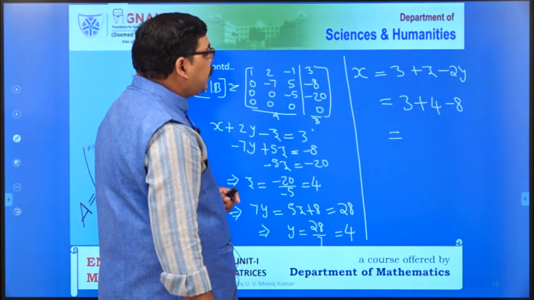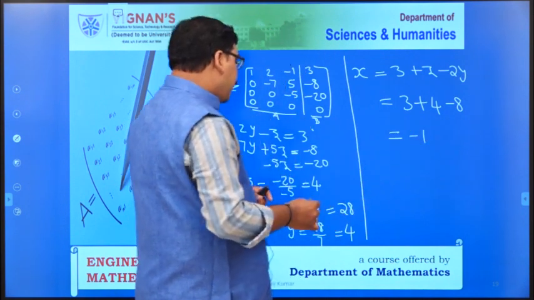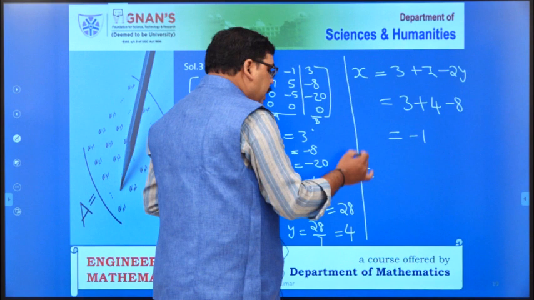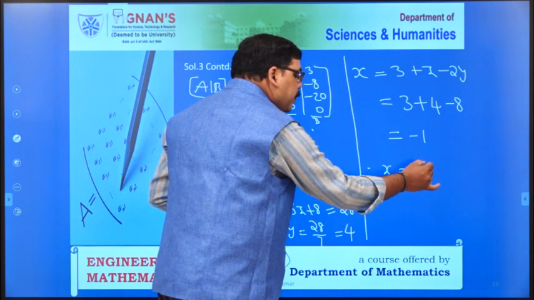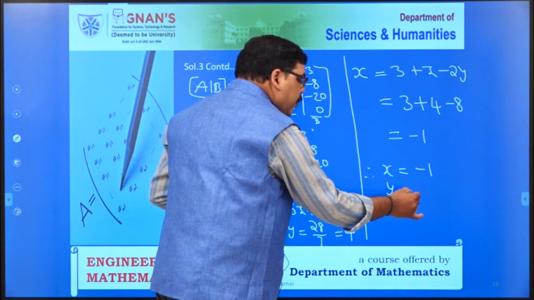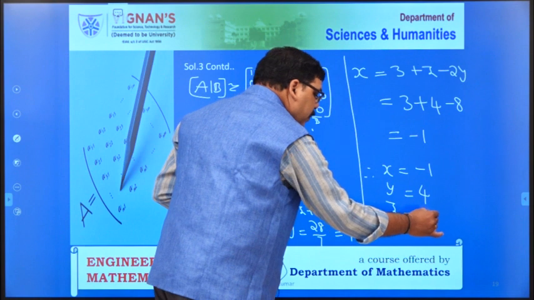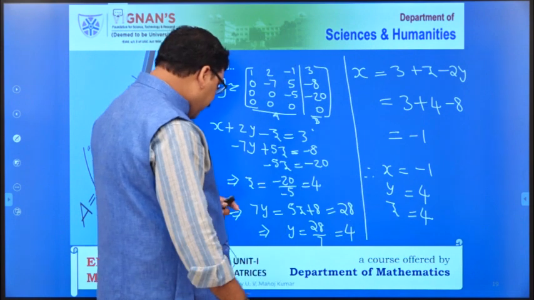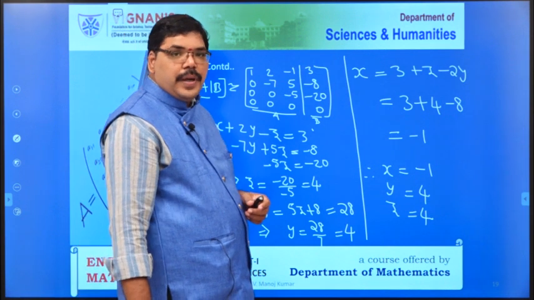If you substitute that, the answer is minus 1. Therefore, the unique solution for the given system is x equals minus 1, y equals 4, z equals 4. This completes our problem.